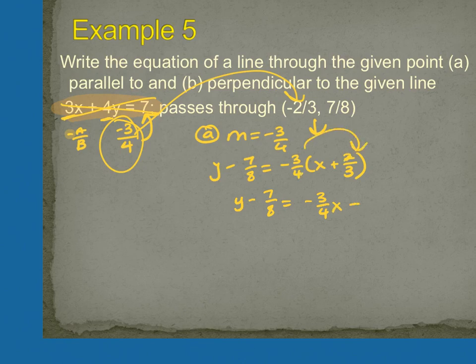The 2 goes into the 4 twice and the 3's cancel, so it's just 1/2. And then I got to add the 7/8. Change it so it has a like denominator. This would be 4/8. And I get y equals negative 3/4 x plus 3/8.